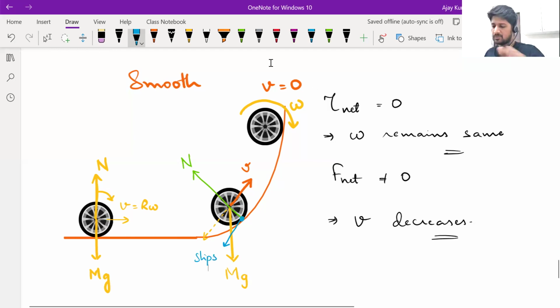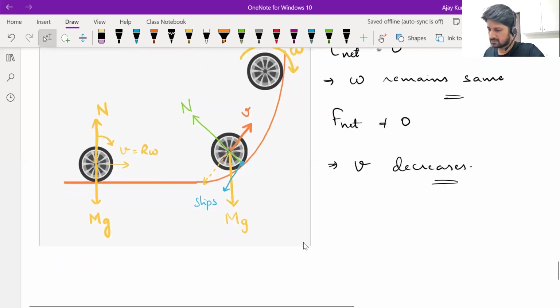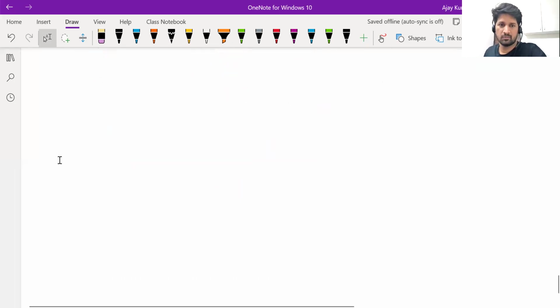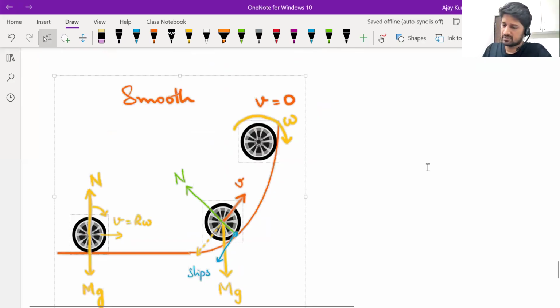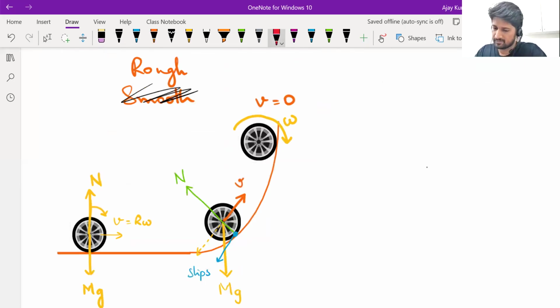And if it slips backward, or if it has a tendency to slip backward, then in which direction should friction act? Forward, to prevent slipping. That is what makes this case interesting. So if it's a rough surface, friction actually acts up the incline. And if friction acts up the incline, it is actually helping the object move up.